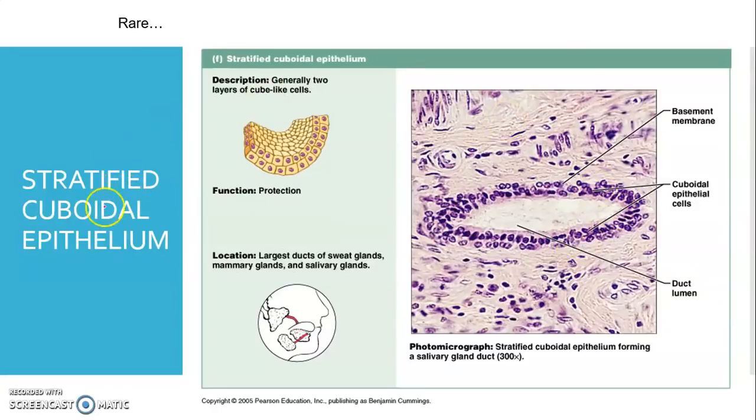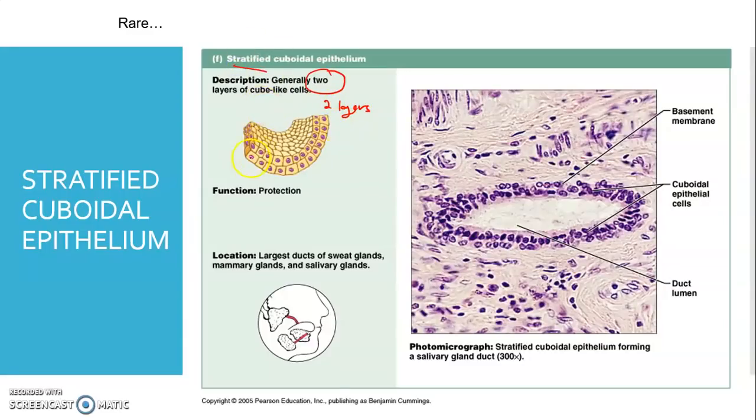Next, we go to the stratified cuboidal epithelium. We can describe it simply as two layers. It's quite rare, so it consists of only two layers. Even two layers is still classified as stratified.